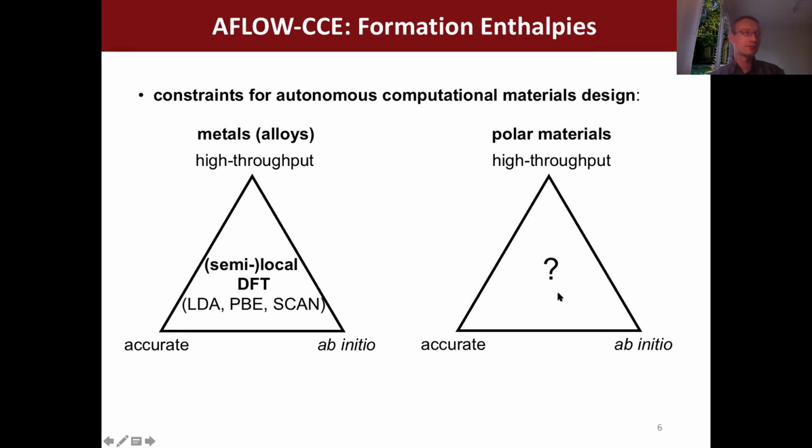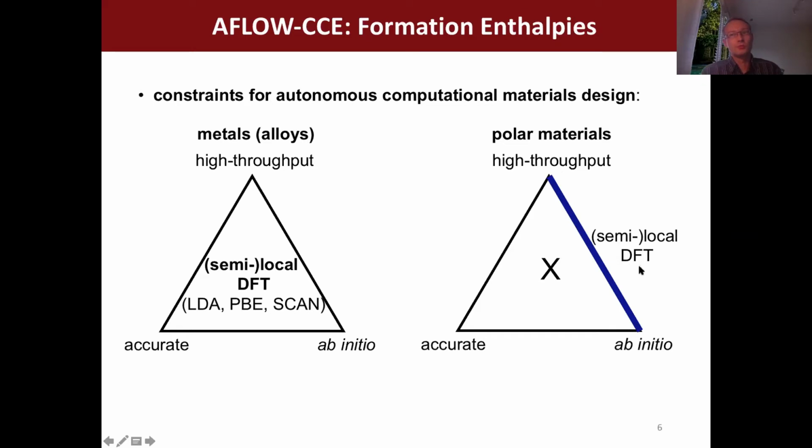And now, after thinking quite a long time about this, I think the answer is that there is no such theory. Because as I will explain right now, you cannot fulfill all these 3 criteria for these polar materials. Semi-local DFT, which before did the job, is still high throughput compatible, and it is still ab initio, of course, but it is not accurate, as we will see.